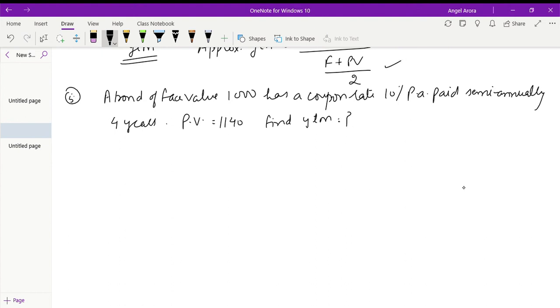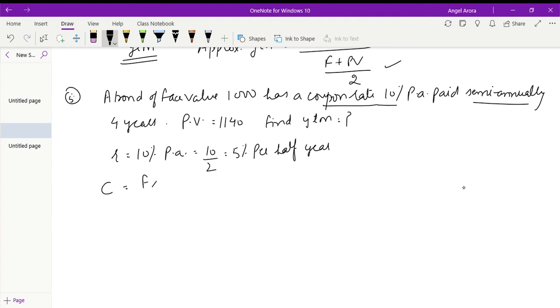So for this we need face value and we need coupon money. So for coupon money, we just need R. Coupon rate is denoted by R. So coupon rate or R is 10% per annum, paid semi-annually or half yearly. So we will divide it by 2, 5% per half year. So coupon payment will be face value into R%.